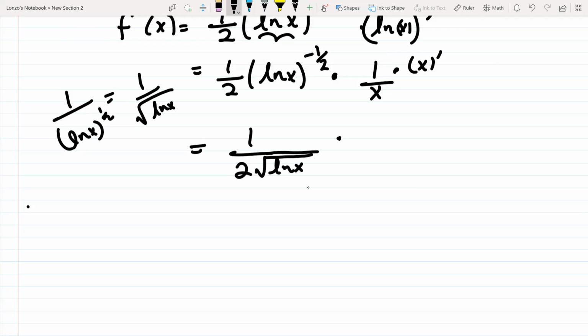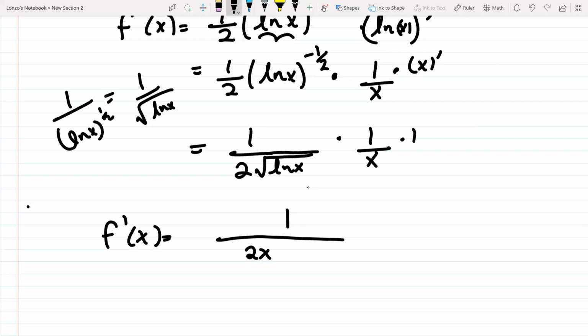Then times 1 over x, and the derivative of x is just 1. So f prime of x equals 1 over 2x square root of ln of x. And that would be the final answer.